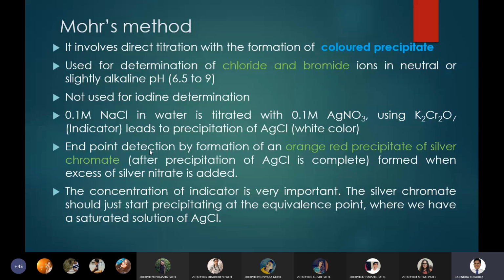That is the principle of Mohr's method. And this type of principle can be used for determination of chloride ion and bromide ions, specifically in neutral pH or slightly alkaline pH. Why this pH is mentioned, we can see in further slides. Okay.